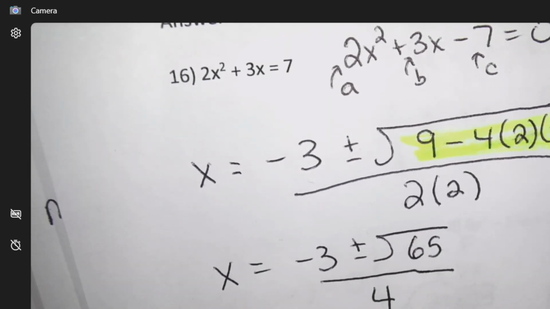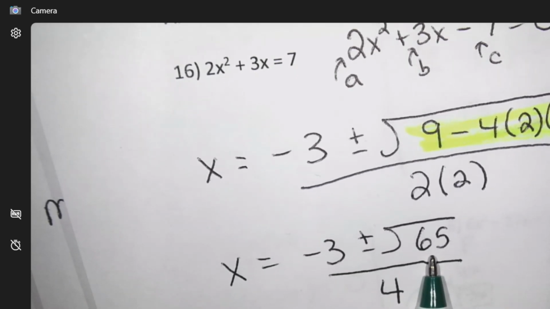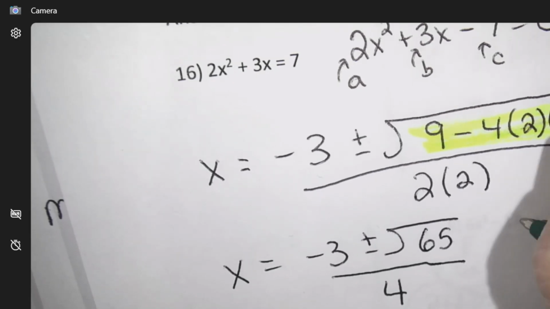Which is 65. This would not have ever factored because this isn't a nice root. That's why it's not a factoring one. Okay, so you don't have to write this, but I'll just show you what I'm typing into my calculator.